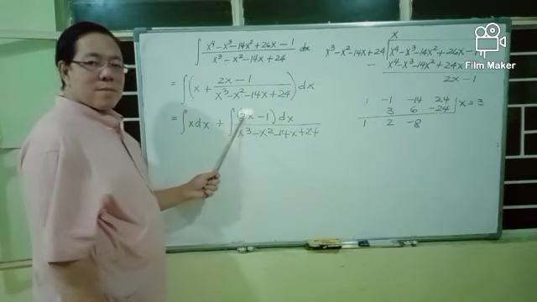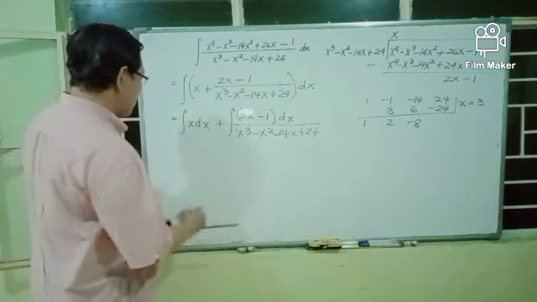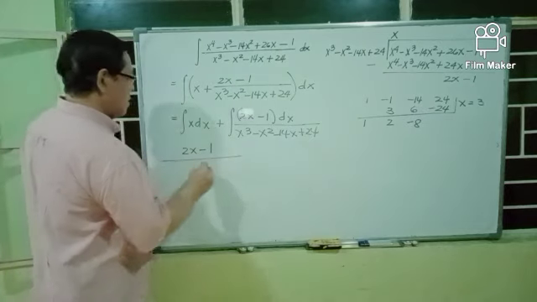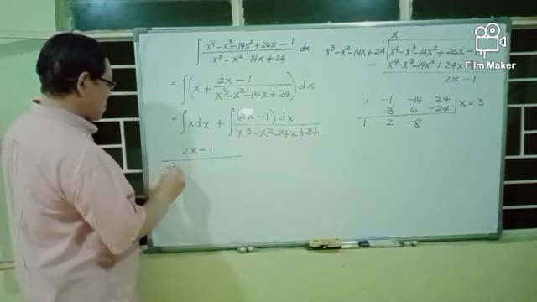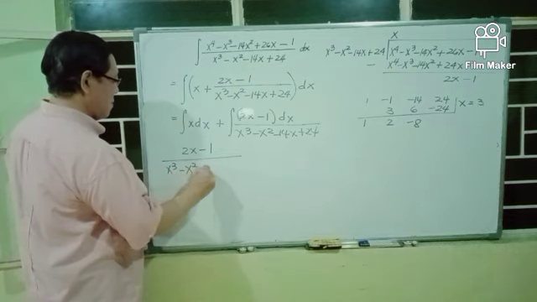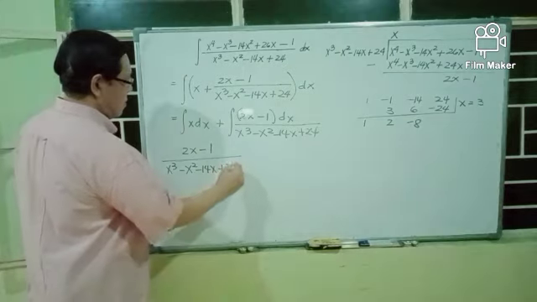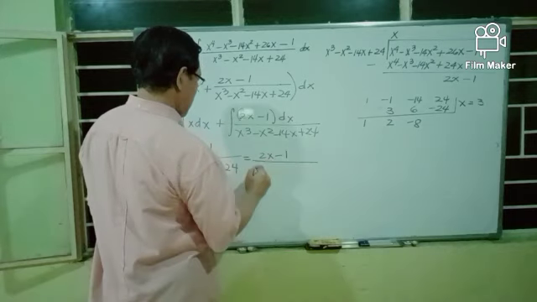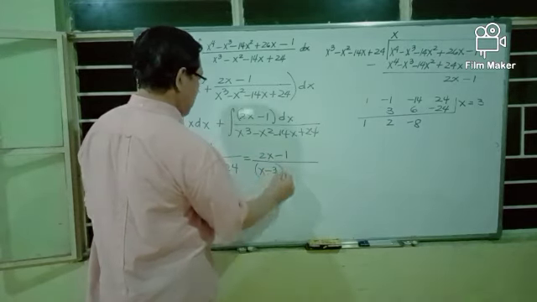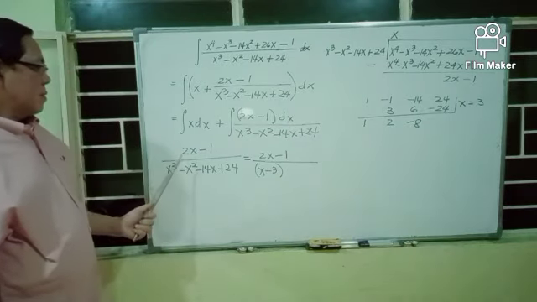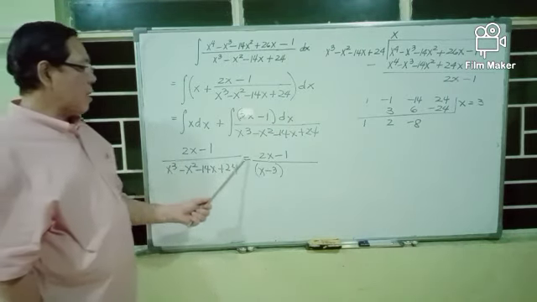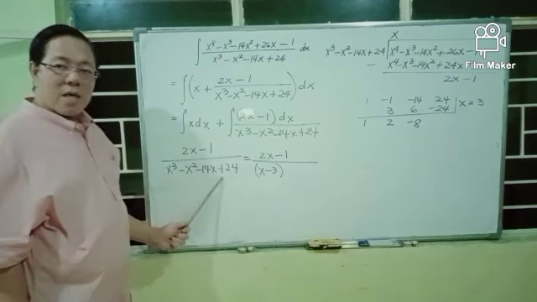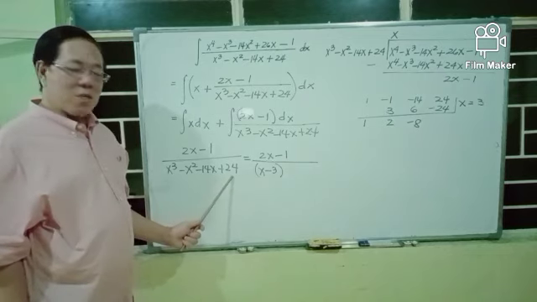So this rational expression 2x minus 1 over x cubed, we will write this rational expression as 2x minus 1 over the factors of this polynomial expression or cubic expression.